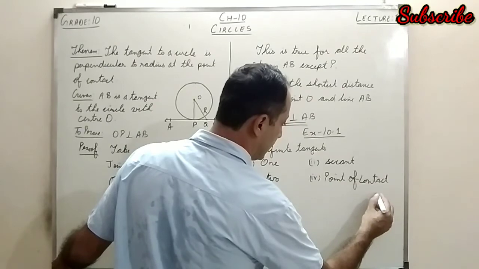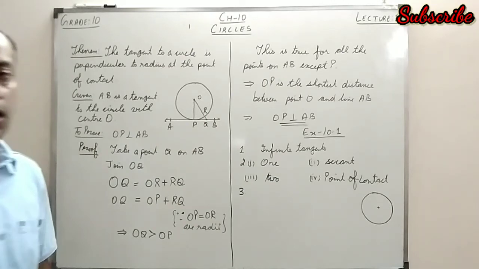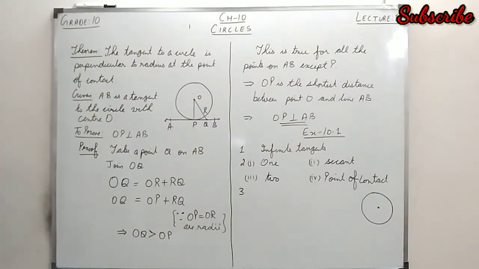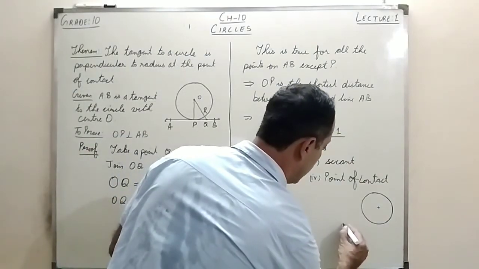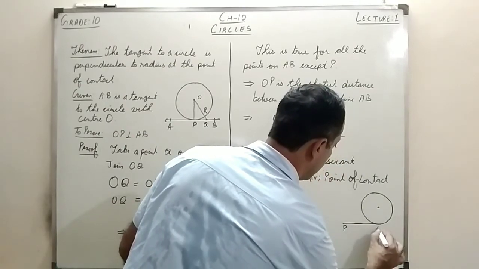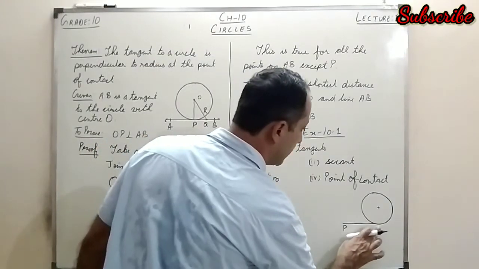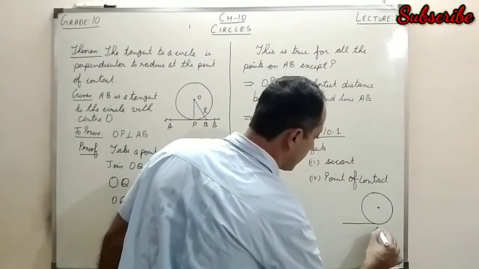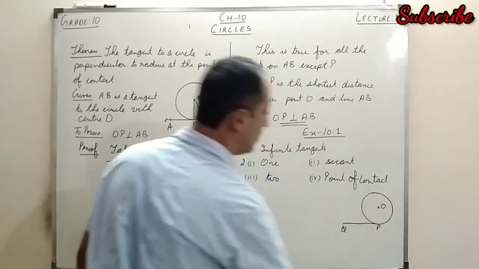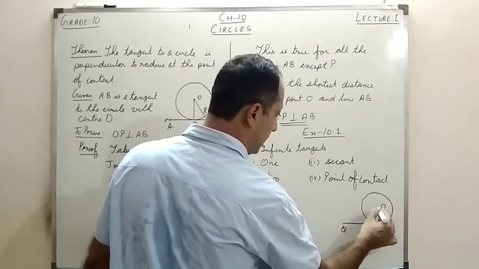There is the circle, this is the center O. There is an external point Q from which the tangent has been drawn. This point is P and this is Q and this is O. Now we just join it with the center.